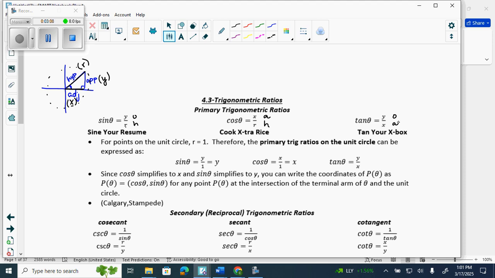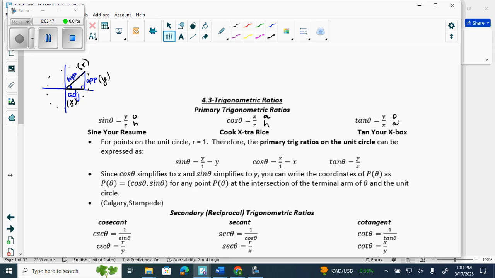And then tan your Xbox. Because who wants a vitamin D deficiency in their Xbox? You're often playing games in a really dark environment, so you need to tan it so that it is not lacking vitamin D. Sign your resume. Cook extra rice. Tan your Xbox.